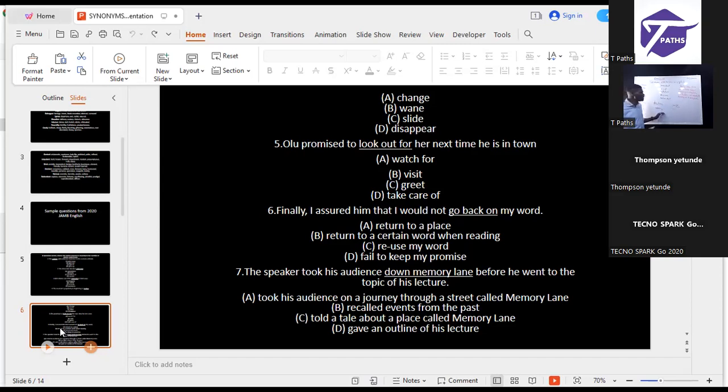It simply means to go to the past, reflect on the past. Think about the past. You go down history, we talk about what has happened in the past. That's the meaning of to go down memory lane. That's clear. So take note of that.